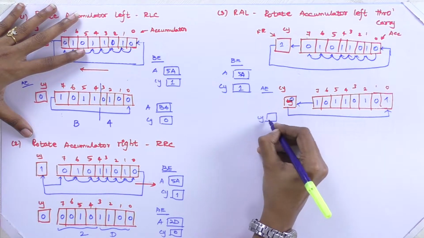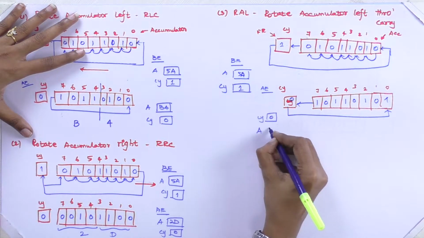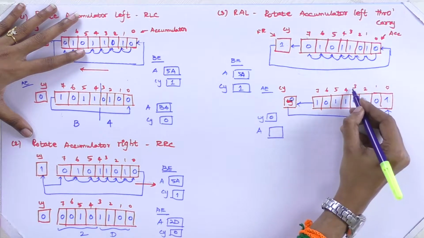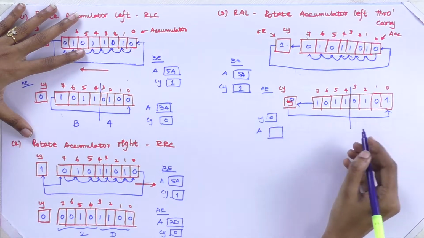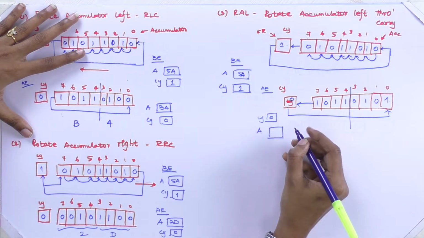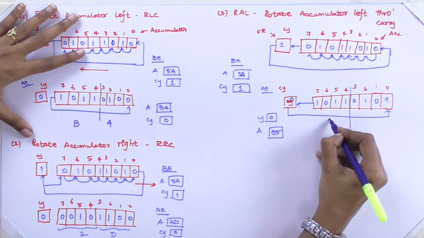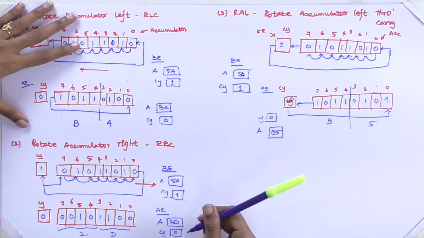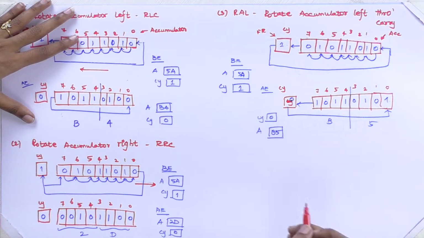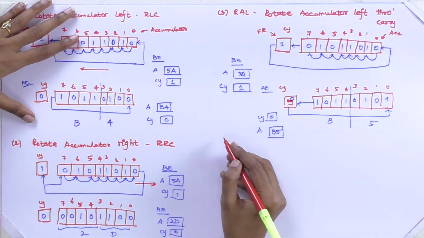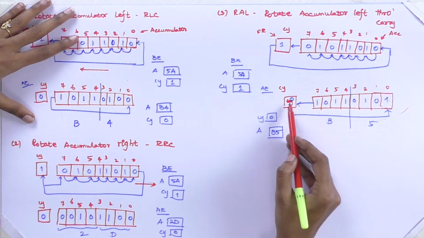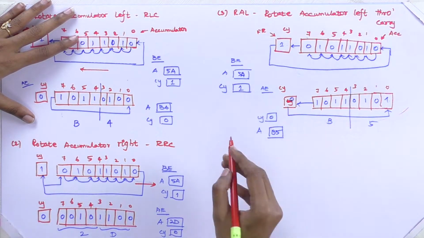The carry has the value of 0 and the accumulator has the value B5. This is B and this is 5. Now this rotation happens through carry. The carry value is included here.